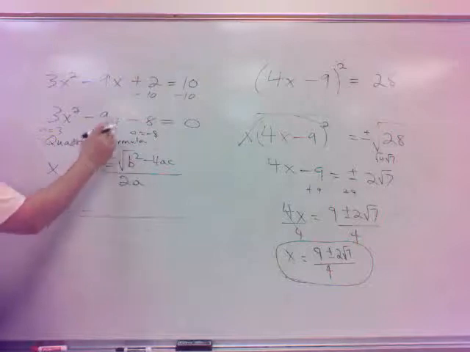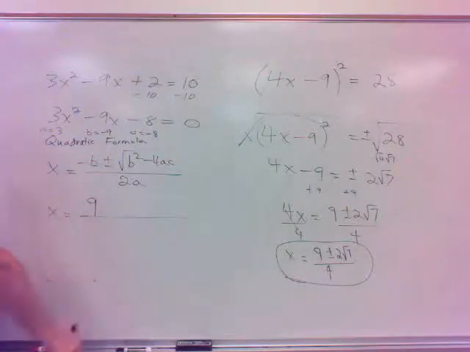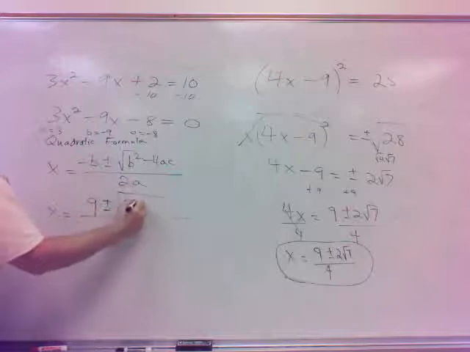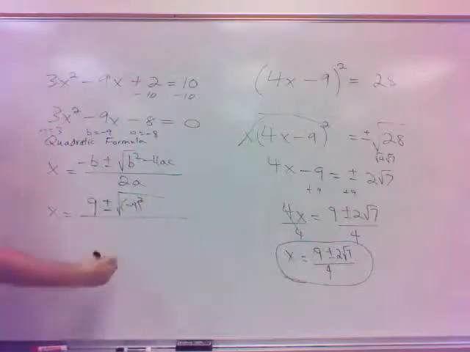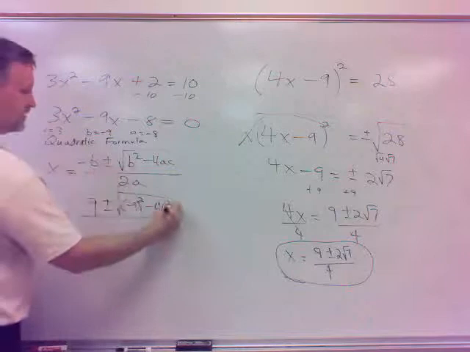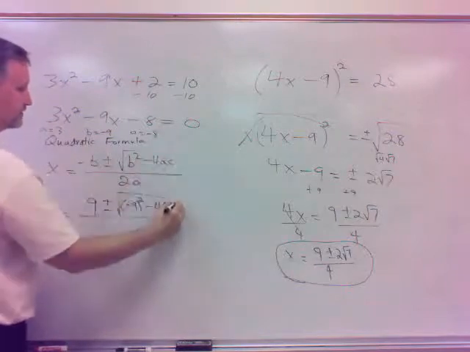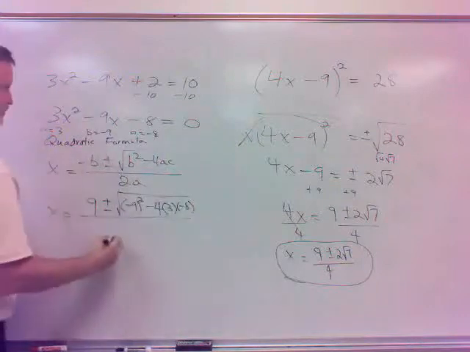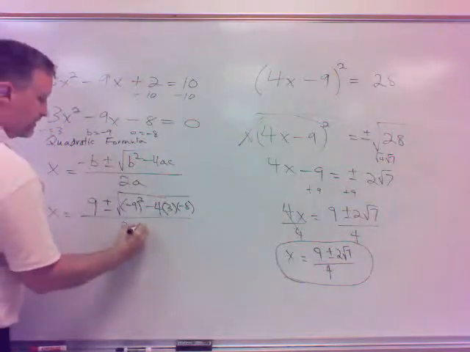So we do the opposite of B, so that's positive 9, right? Plus or minus then B squared, we're going to square negative 9. Negative 9 times negative 9, then minus 4 times the A, which is 3, times the C, which is negative 8. And then all over 2 times A, 2 times 3.